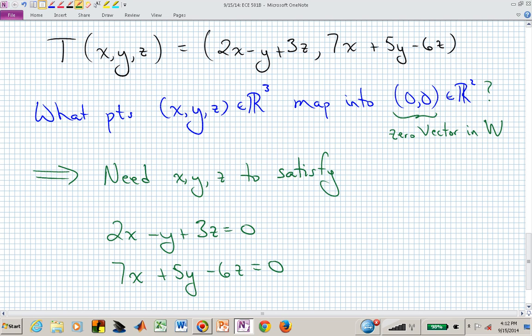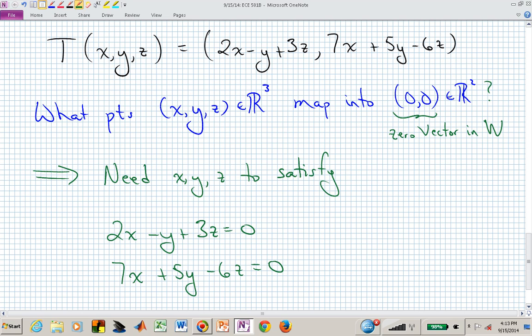If we took that point, would it map to the 0 vector in R2, basically in a plane? Meaning we really just have these two coordinates to deal with. We have 2 equations, 3 unknowns. How easy will that be to have a solution? Is it possible?